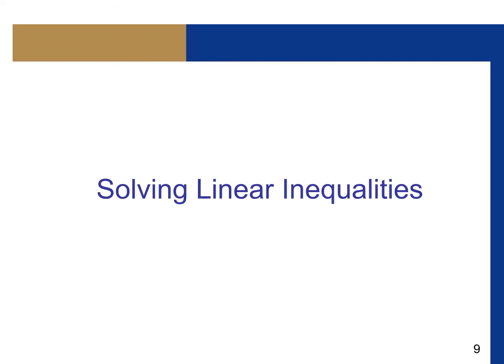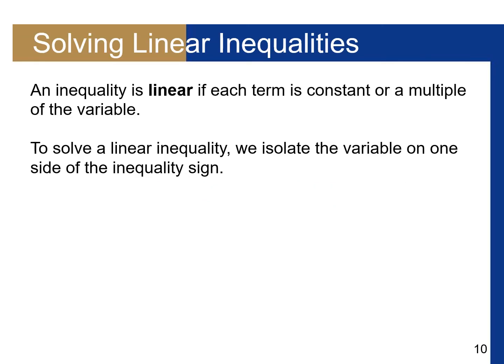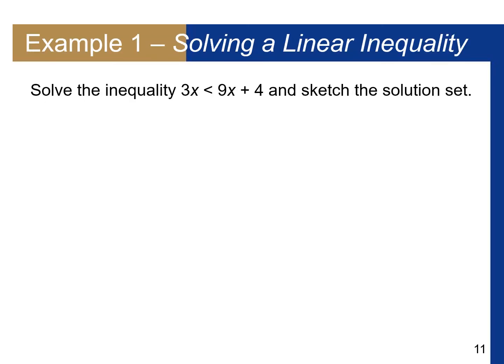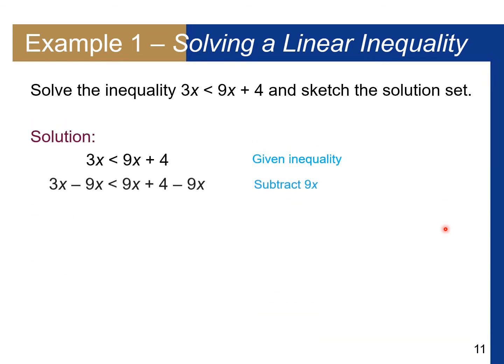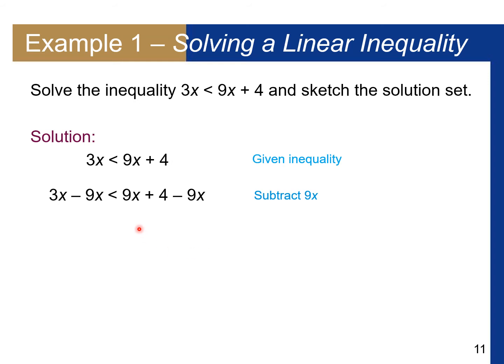Let's look at linear inequalities. Let's solve the inequality 3x is less than 9x plus 4 and sketch the solution set. So we're going to want to get the x's on the same side of the inequality. Here we're going to subtract 9x from both sides.